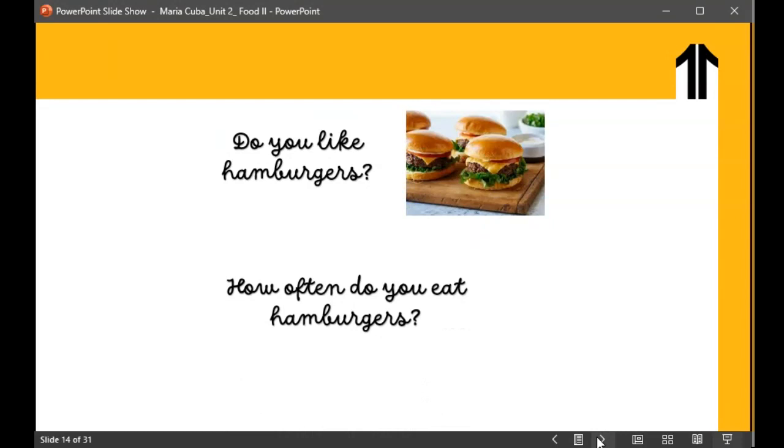Okay, talking about hamburgers, how often do you eat hamburgers? Hardly ever, says Pablo. Okay, what about the rest? How often do you eat hamburgers?